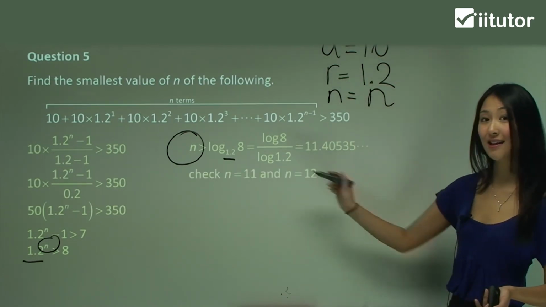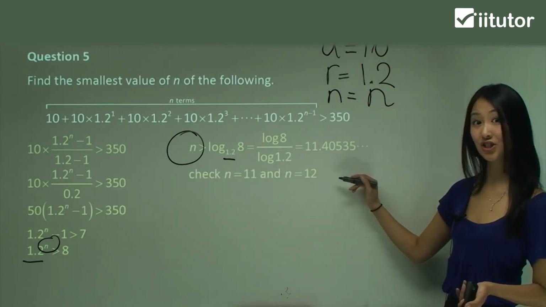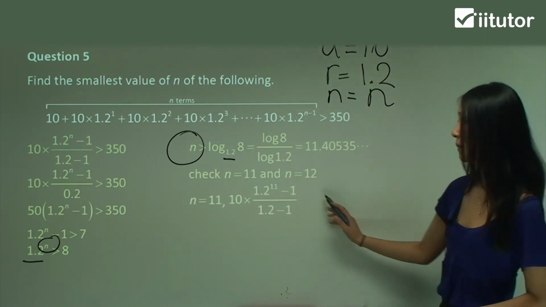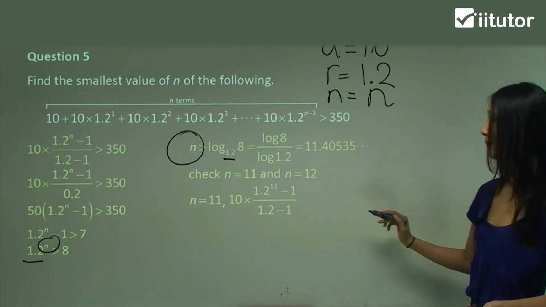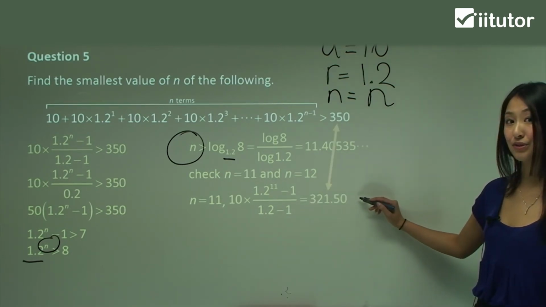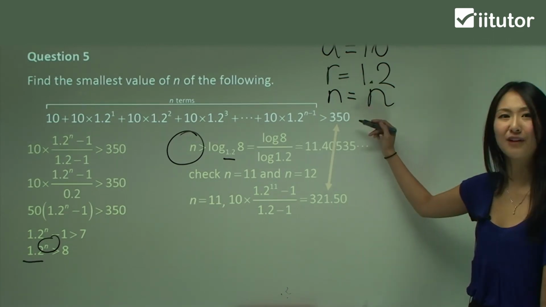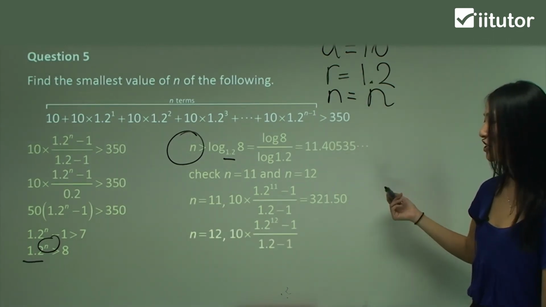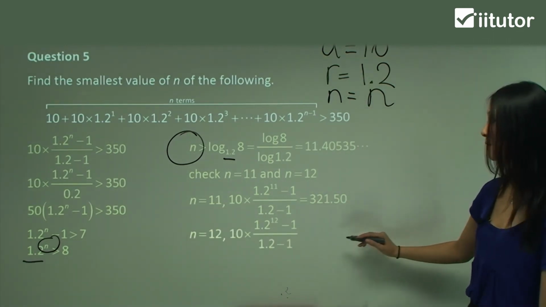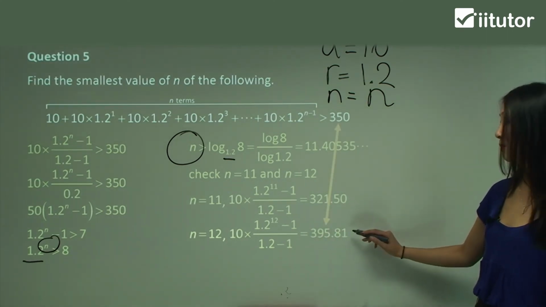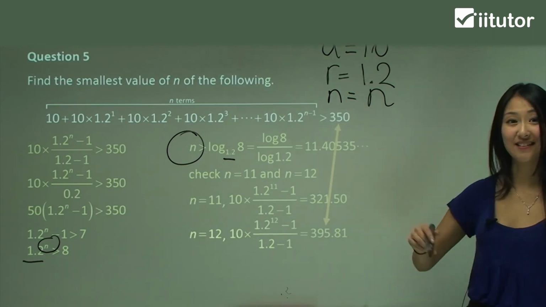Let's check n equals 11 and then let's check n equals 12. So when n equals 11, putting that into our calculator, we find that it equals 321.50, which is not greater than that, is it? But when we check n equals 12, that gives us 395.81, which is greater than that.